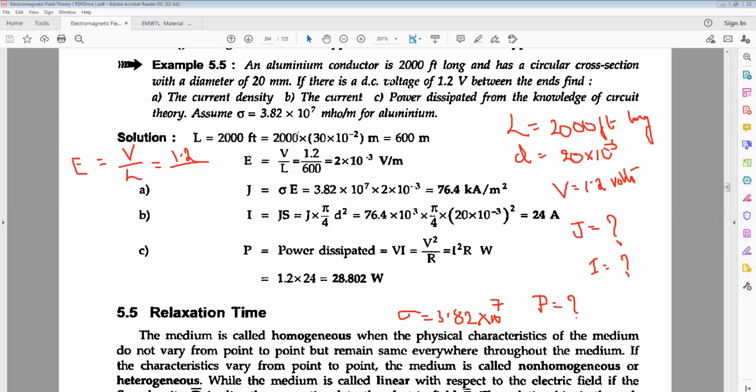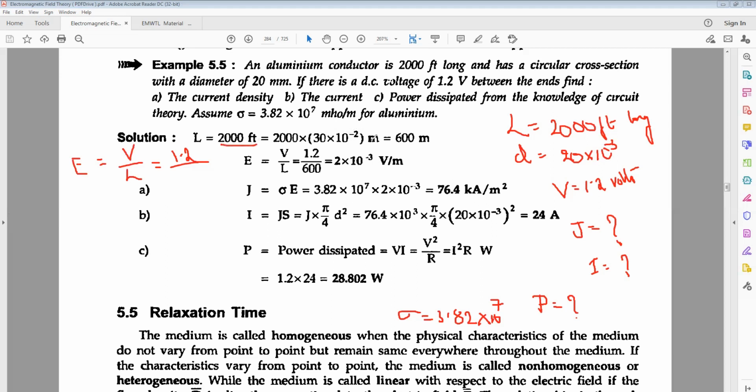Feet is 200, and in meters, 30 into 10 to the power of minus 2 meters. 1 feet is equal to 30 centimeters. So in terms of the meter, it is 10 power minus 2.